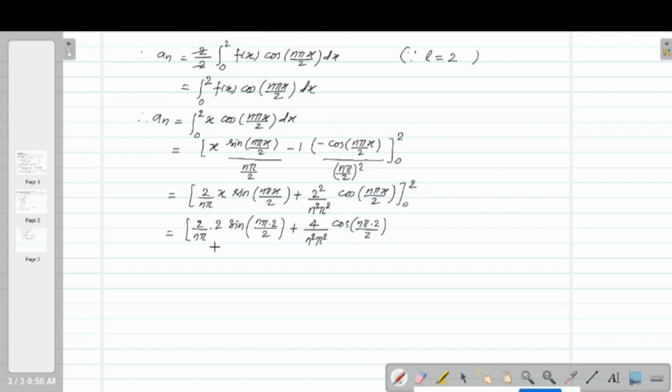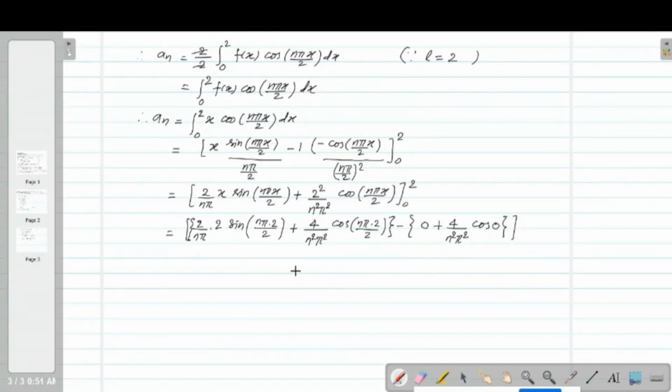We put it in the bracket. This is for the upper limit minus the lower limit, where instead of x we put 0. So 0 multiplied by this whole thing will be 0, and plus 2 to the 4 by n square pi square into cos 0.